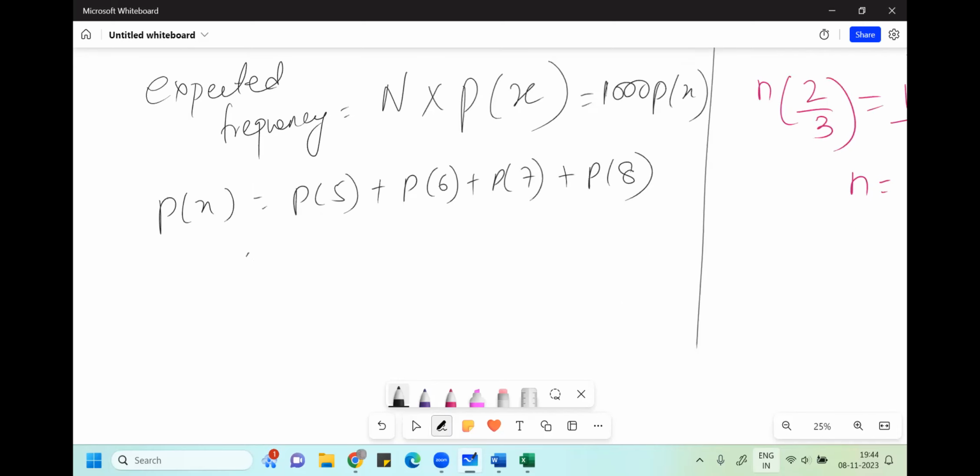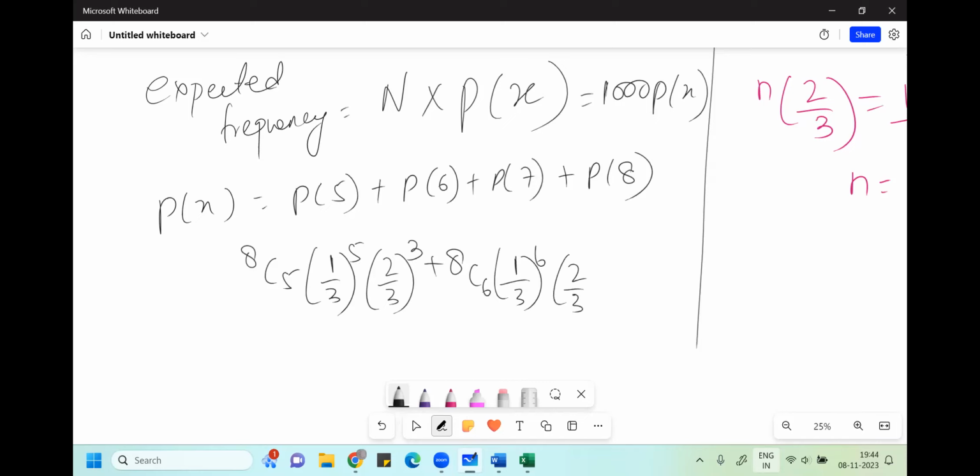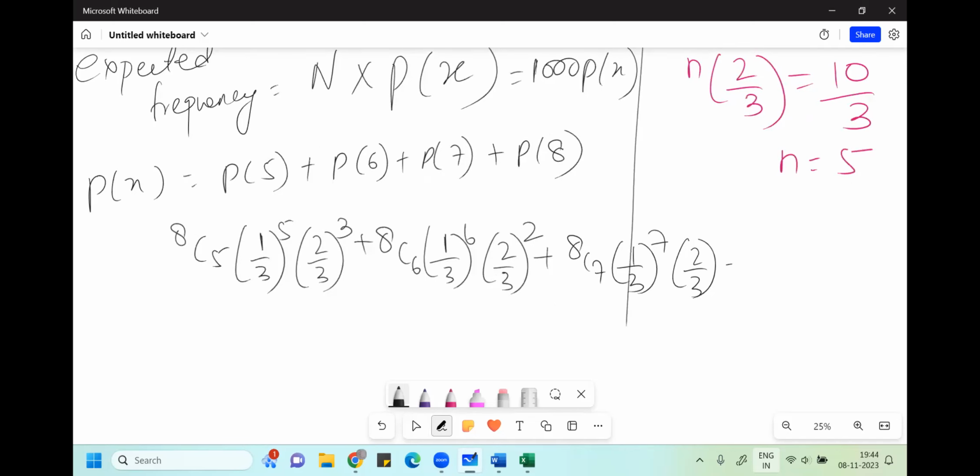So this is 8C5, 1 by 3 to the power 5, 2 by 3 to the power 3, plus 8C6, 1 by 3 to the power 6, 2 by 3 to the power 2, correct? Then 8C7, 1 by 3 to the power 7, 2 by 3 to the power 1, plus 8C8, 1 by 3 to the power 8 and 2 by 3 to the power 0. And that I'm not writing.